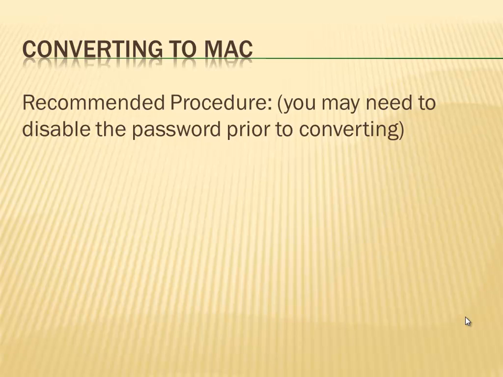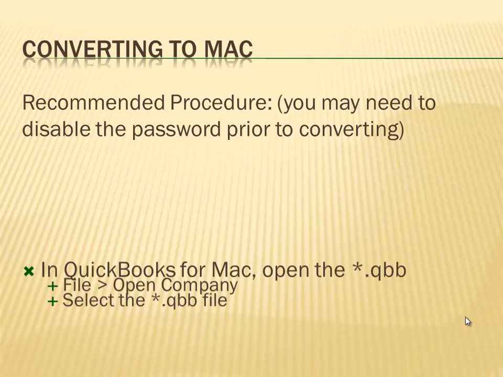Most people were not. We have not had an issue with it here in our offices, to my knowledge, but it was out there. So if you try it and it doesn't work, go back to your Windows, disable the password function, which you can just type into help or go to, I think it's under File, and go ahead and disable that function prior to backing it up as a Mac file.